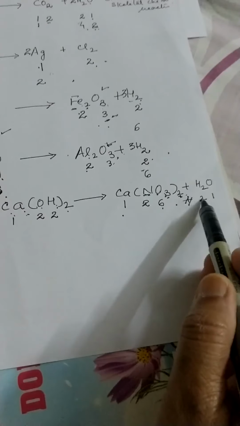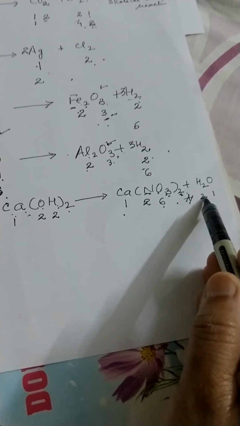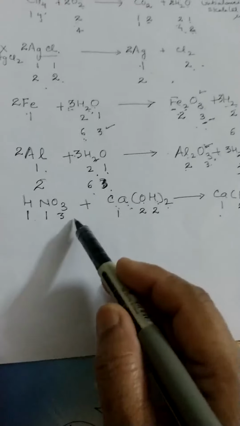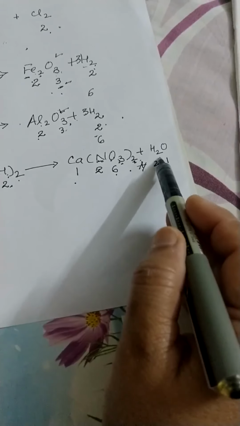Hydrogen is 1 on this side, and 2 on this side. Is it equal? No. Actually, hydrogen is 3 on the reactant side, 1 plus 2, 3, right? But on the product side, we have hydrogen 2.